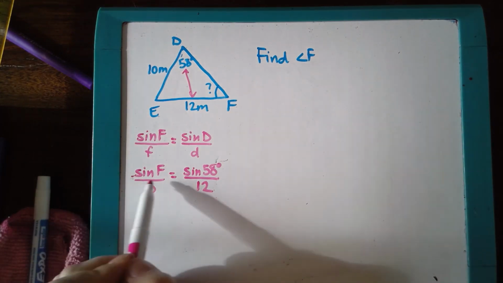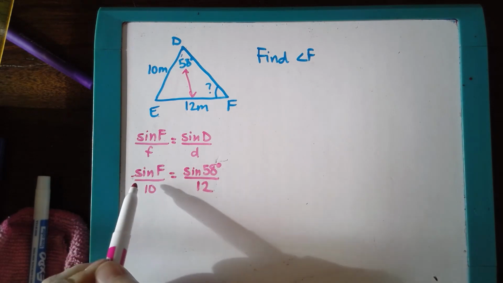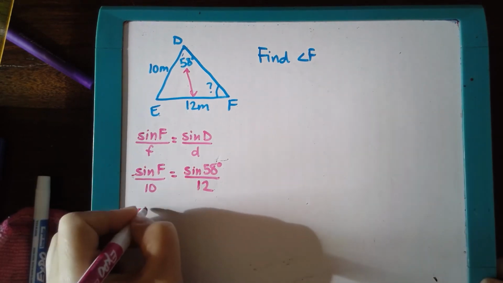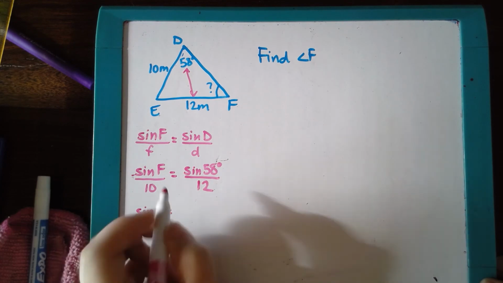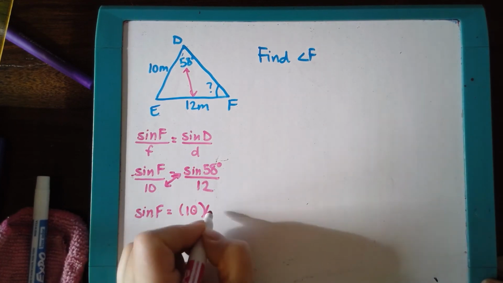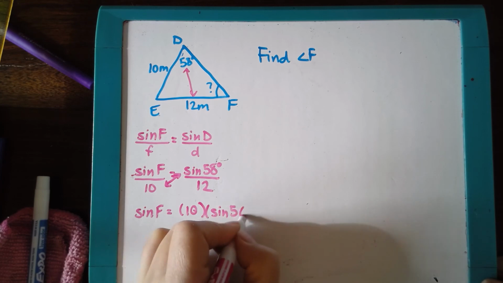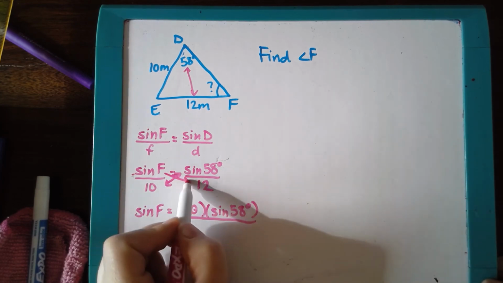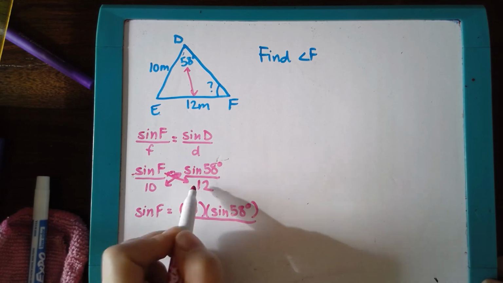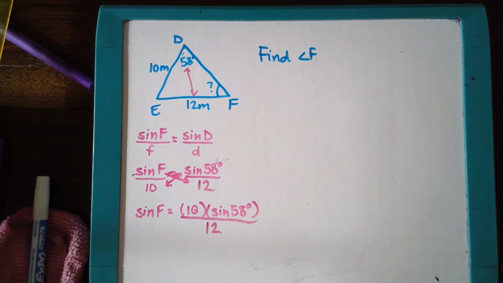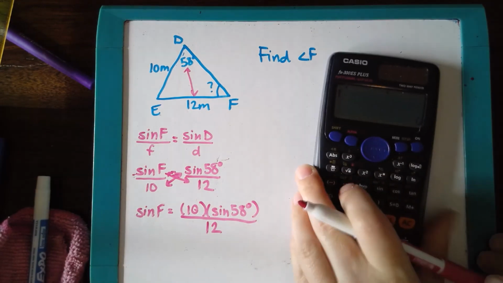Okay, so the unknown that we're looking for is in our top left-hand corner of this structure. So when we want to isolate it, sine f is going to be this cross multiplication: 10 times sine 58 divided by the piece of this cross multiplication that's left over, which is 12. All right, let's put this in our calculator.